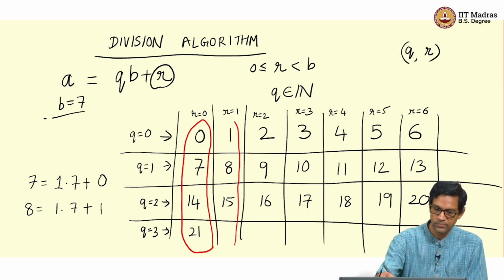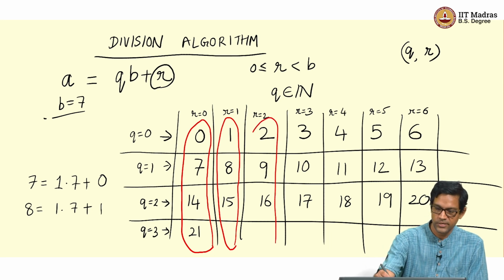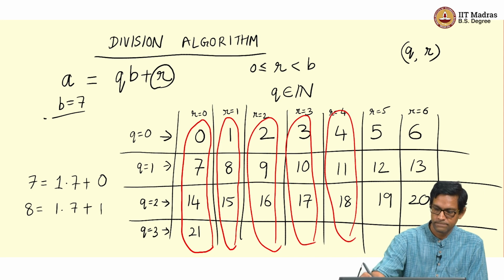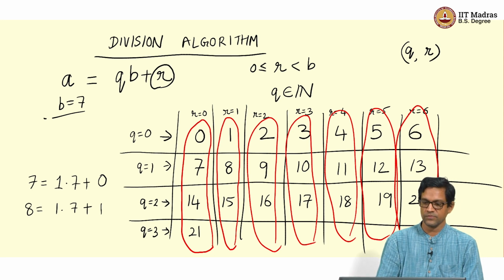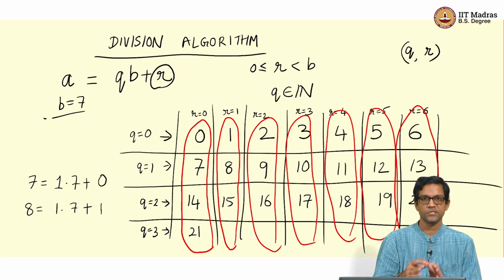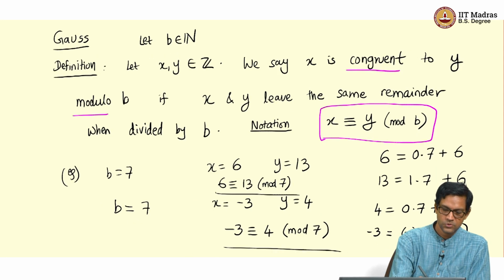The second column is another equivalence class: 1, 8, 15 etc. So there are 7 equivalence classes, which are just the columns of that table, and they are all disjoint. They split the set of integers up into disjoint subsets, and we also thought of them as being arranged on a cylinder, for example.